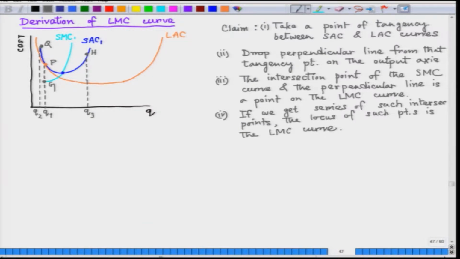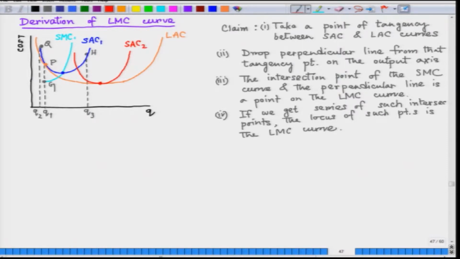Okay. So now let me draw another short run average cost curve, which has this interesting feature that the minimum point of the short run average cost curve meets the minimum point of the long run average cost curve. So the scale size is such that the minimum point for both these average cost curves is equal.